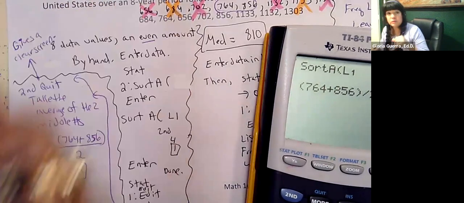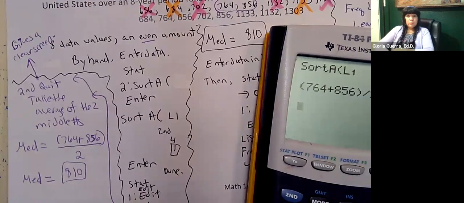The reason why I'm doing it both ways, by hand and then checking on the calculator, is so you can understand what the calculator is doing, how it's taking the average. If it's an even amount, it's doing the average of the middle two. If you have an odd amount, you'll have one middle number.